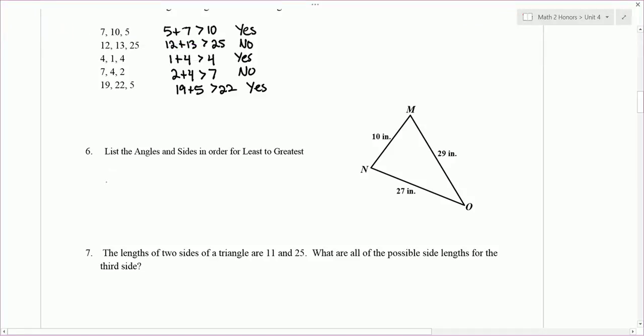So least to greatest, and so side MN is the smallest side length at 10. And so the smallest angle is the angle opposite that side, which would be angle O.